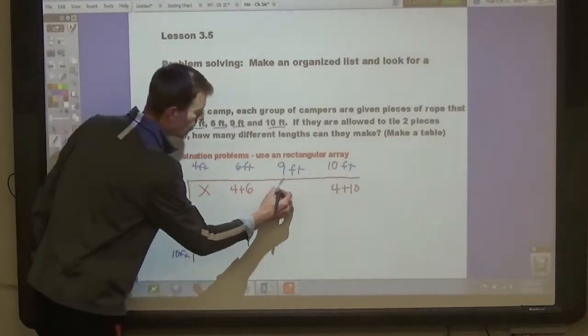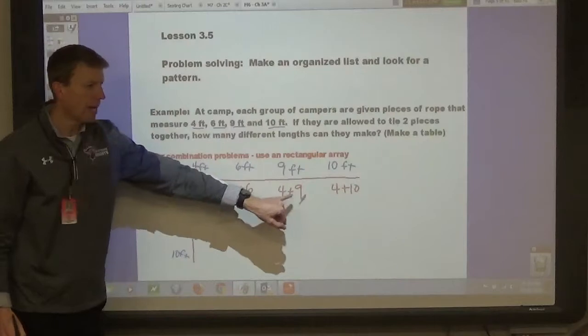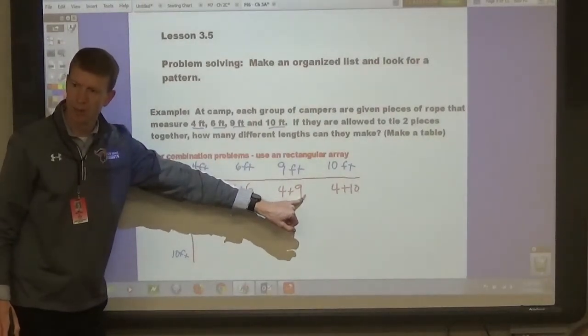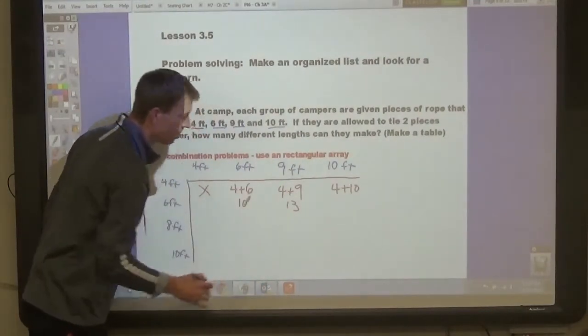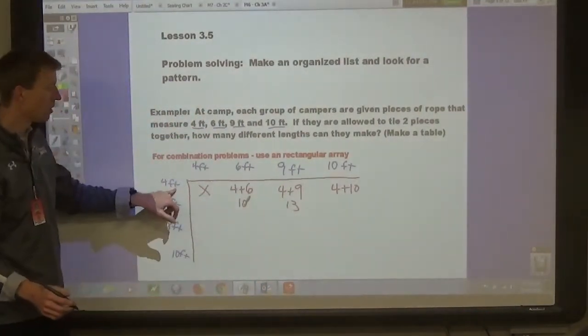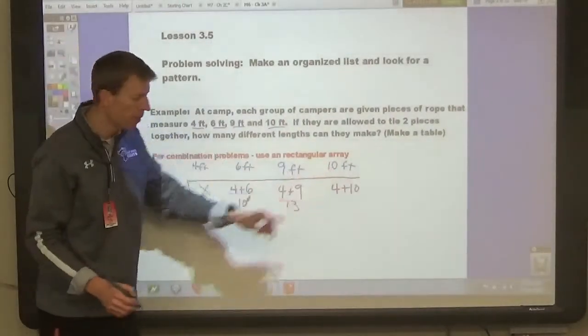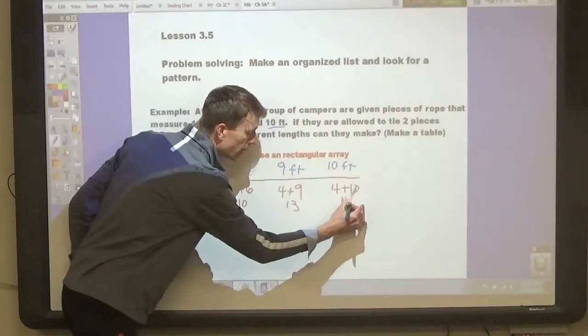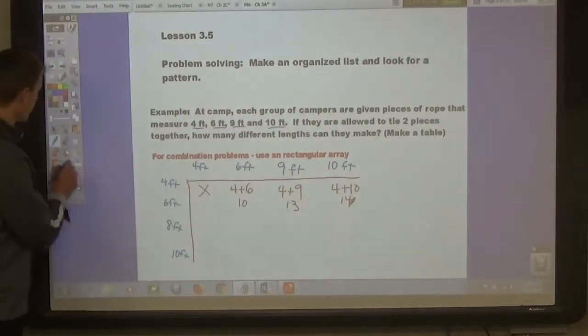Right? A person with a 4-foot could tie it to a 9-foot rope and make a 13-foot rope. Or a person could tie their 4-foot piece of rope to a 10-foot piece of rope and make a 14-foot. Right?